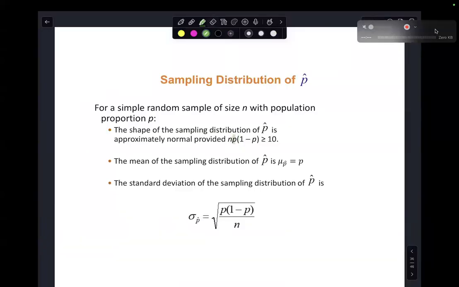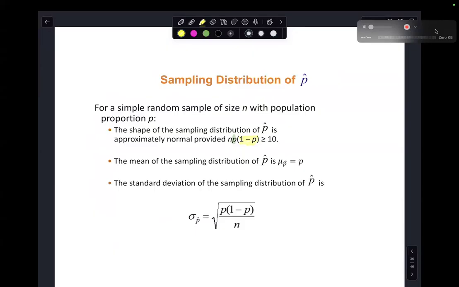This p right here is the probability of success, and 1 minus p is the probability of failure. So I take the sample size and multiply it by the probability of success and the probability of failure. If that number is greater than or equal to 10, it tells me that I have a big enough sample size. This is how we determine whether we are approximately normal.